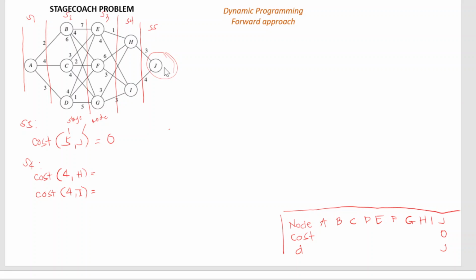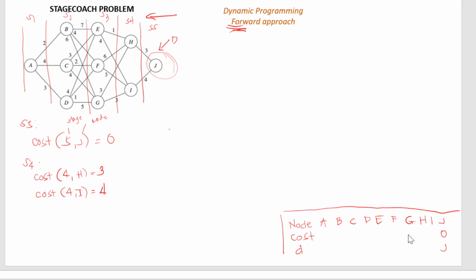Again, guys, we are doing the forward approach. In the forward approach, you first consider the destination, so going backwards in reality, but the term is forward approach. Since it's coming from H, the distance is 3. Then from J to I, that's 4.